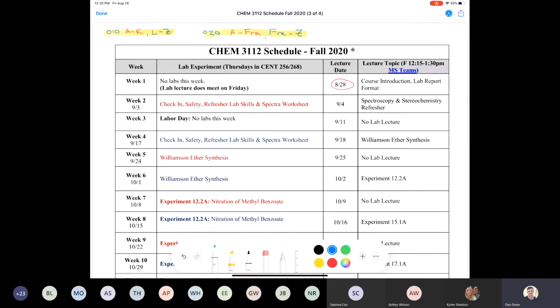If you're in section 030, that's the best section because Mr. Mayer is in charge, and your surname begins with A through M, you're going to be cohort A. If your surname begins with N through Z, you'll be in the blue cohort.